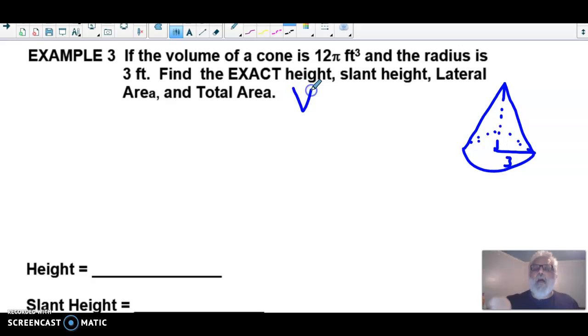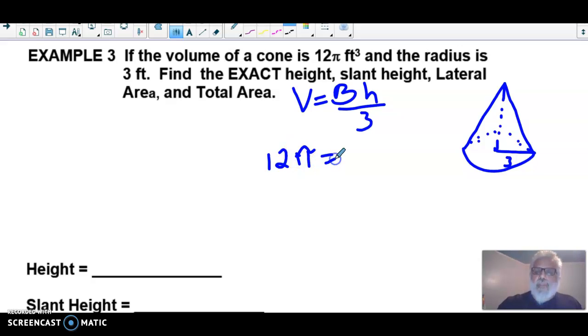And I know that the volume is equal to area of the base times the height divided by 3. The volume is 12 pi. The area of my base times the height divided by 3 is 12 pi.